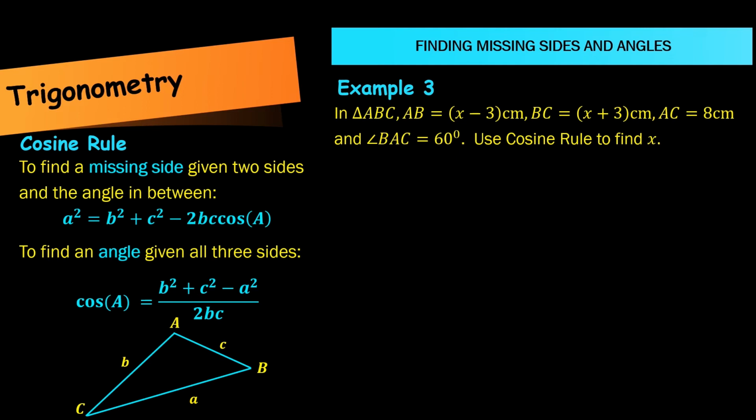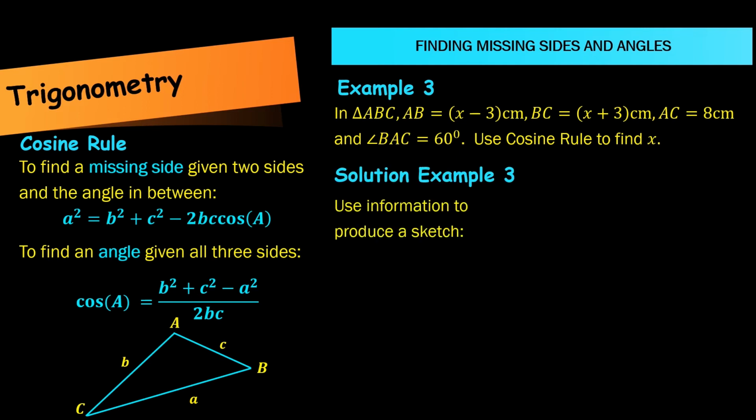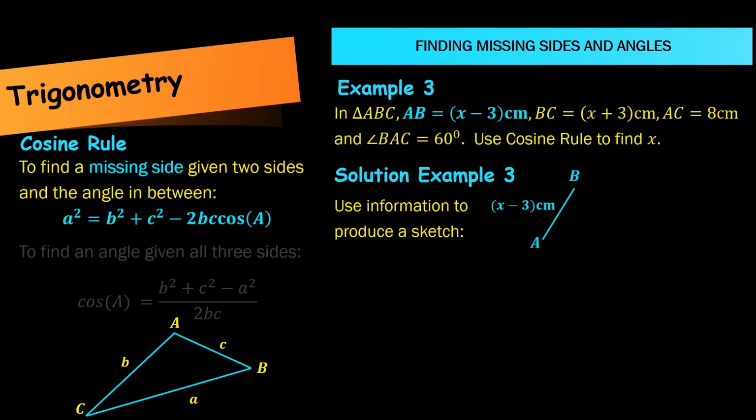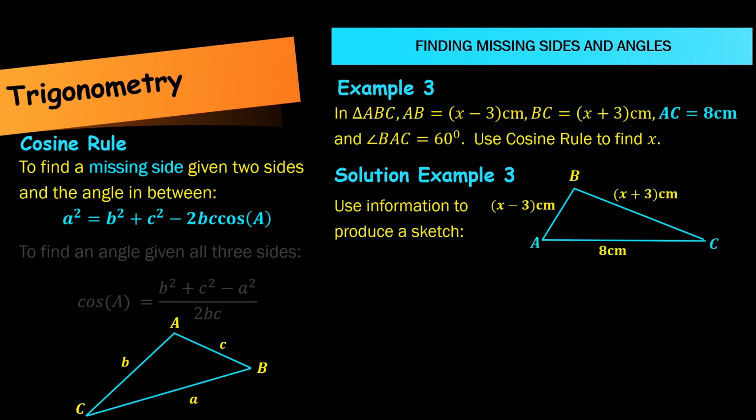So let's solve this. Let's use the information to produce a sketch. Here's the line AB, which is x minus 3 centimeters long. And here's BC, which is x plus 3 centimeters long. And here's AC, which is 8 centimeters long.